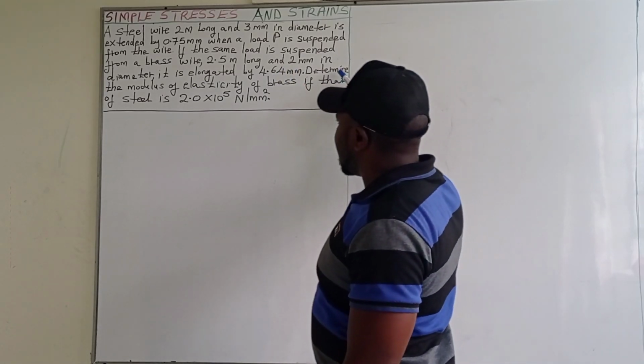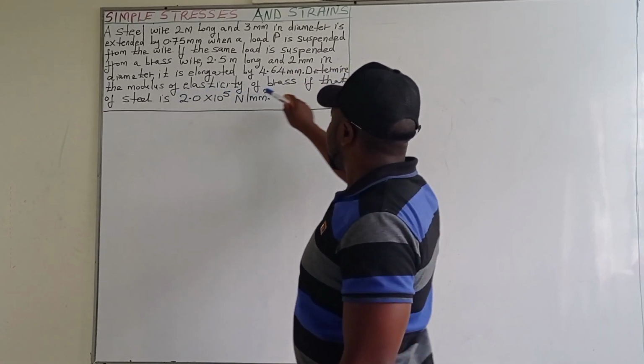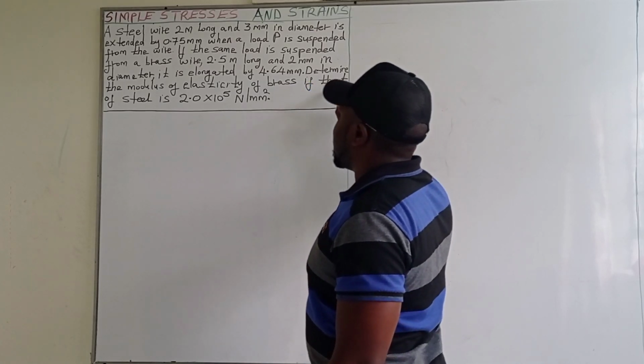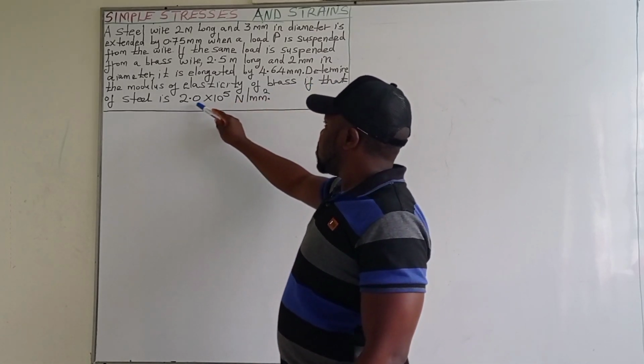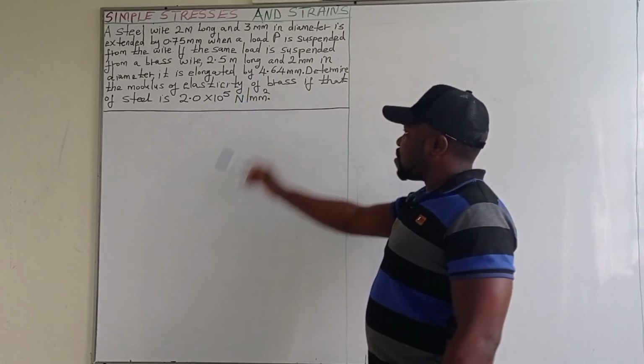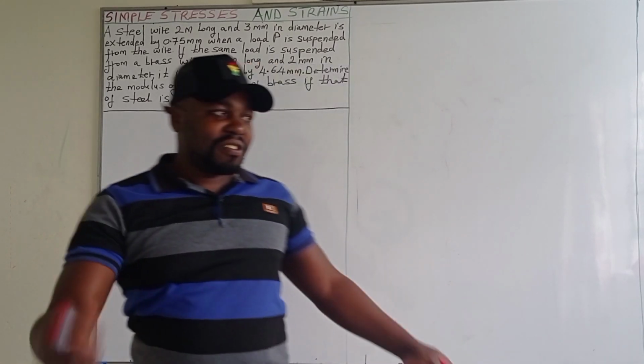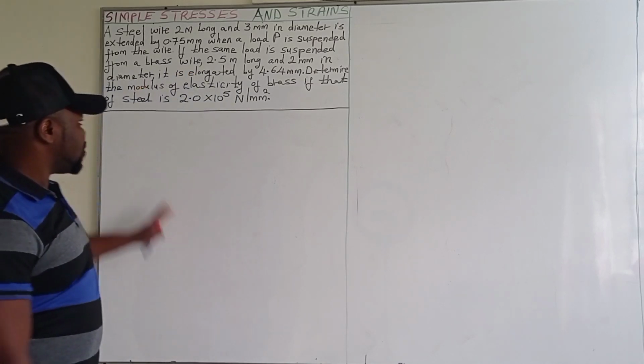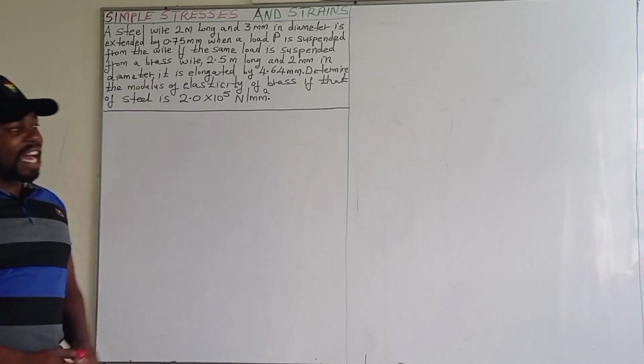We are supposed to determine the modulus of elasticity of the brass if that of steel is 2 times 10 raised to the power of 5 newtons per square millimeter. So, ladies and gentlemen, welcome as we solve this problem.